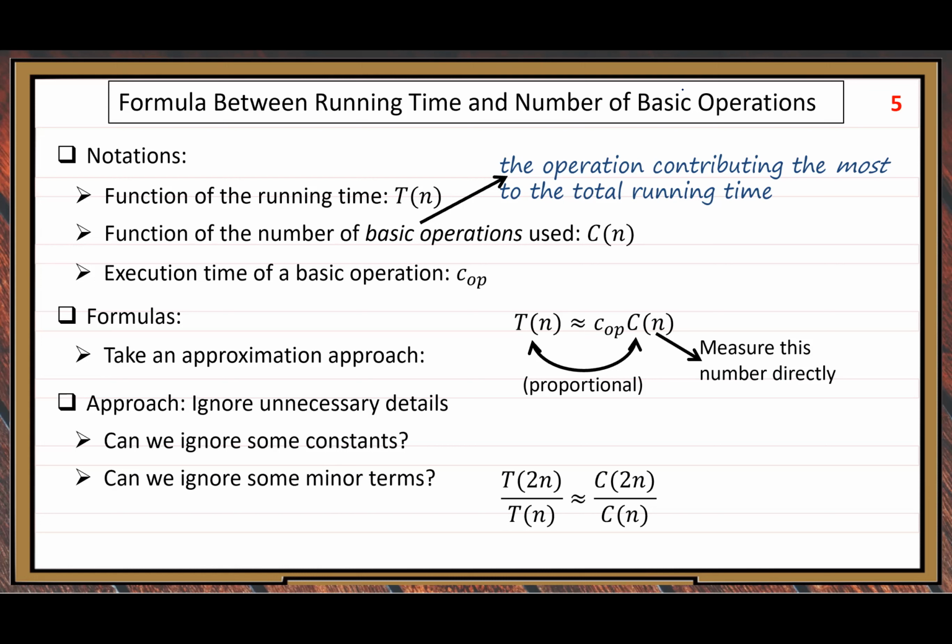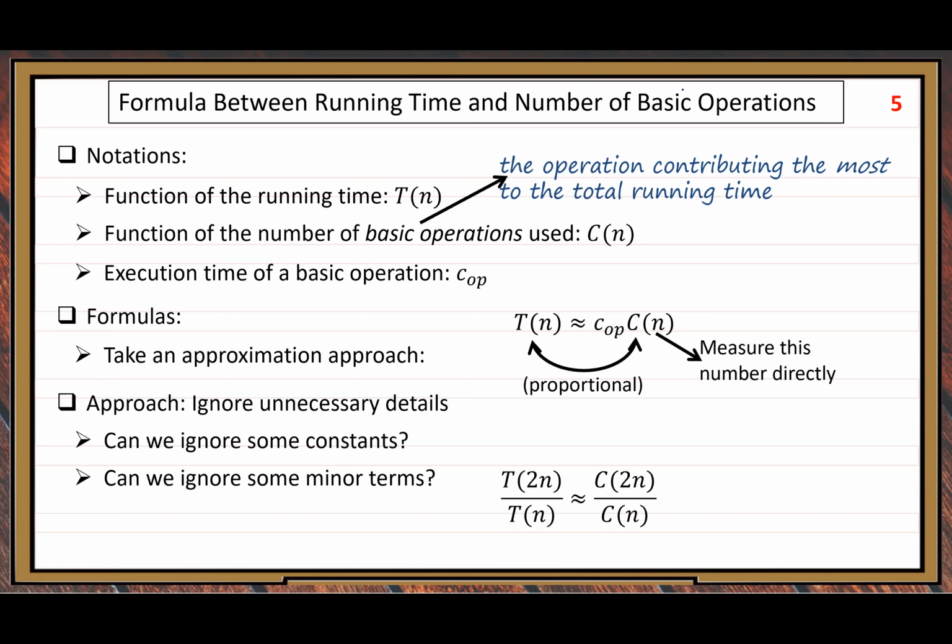That means this constant can be ignored if we want an idea of how fast the efficiency function increases.